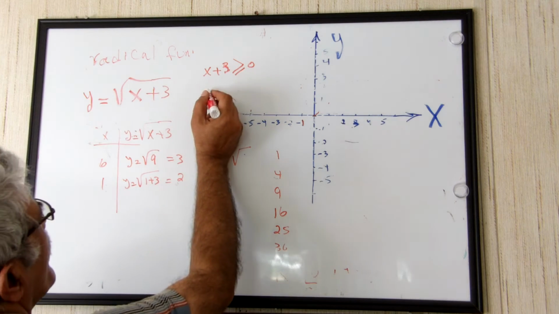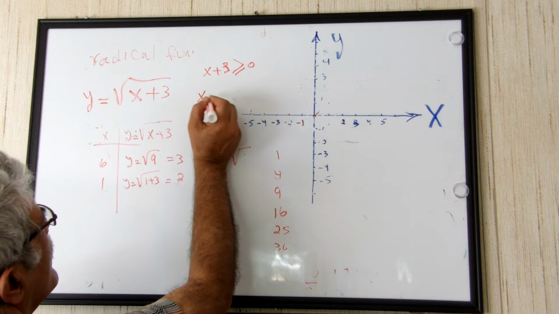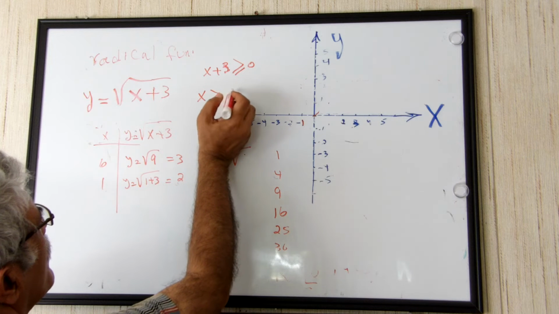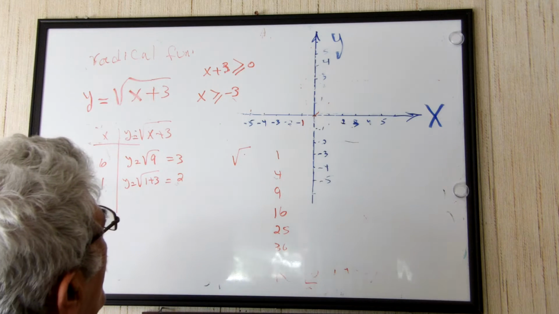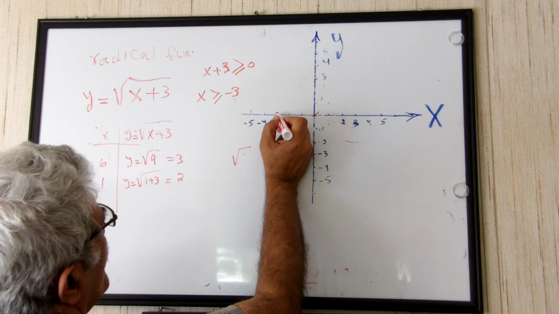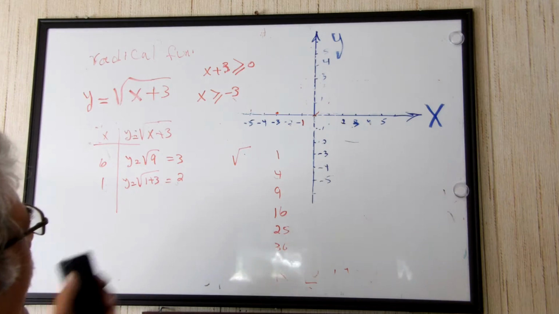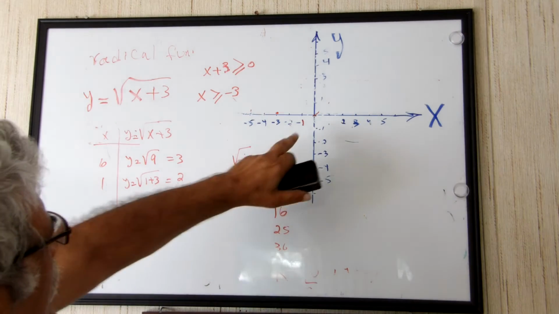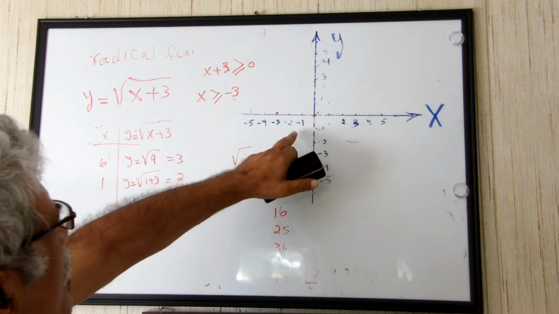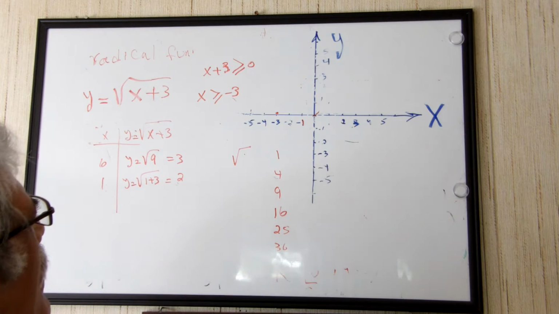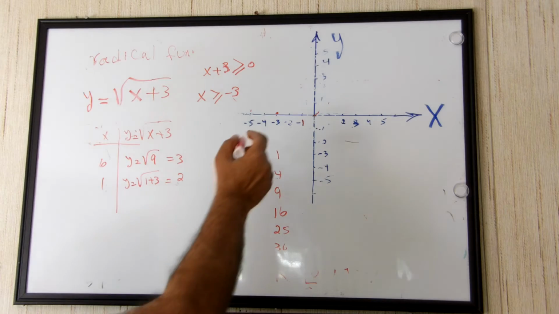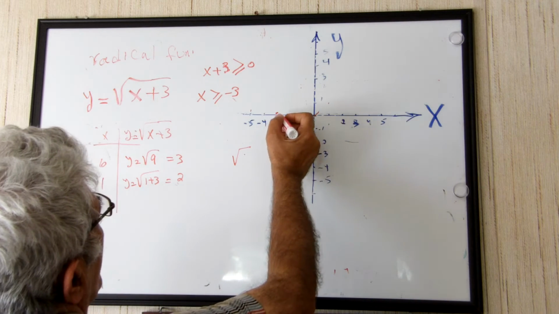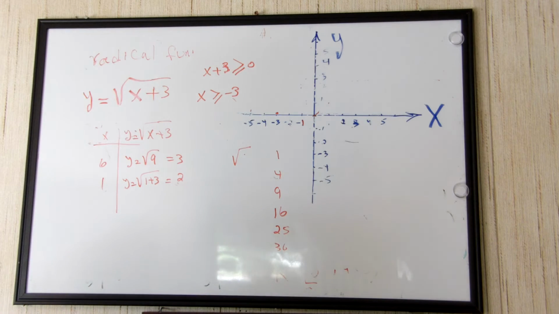So we say x is greater than or equal to minus 3. It can be minus 3 or larger, whatever: 2, 3, 10, minus 1, minus 2 is larger than minus 3, so it can be any number, either minus 3 or greater than minus 3.